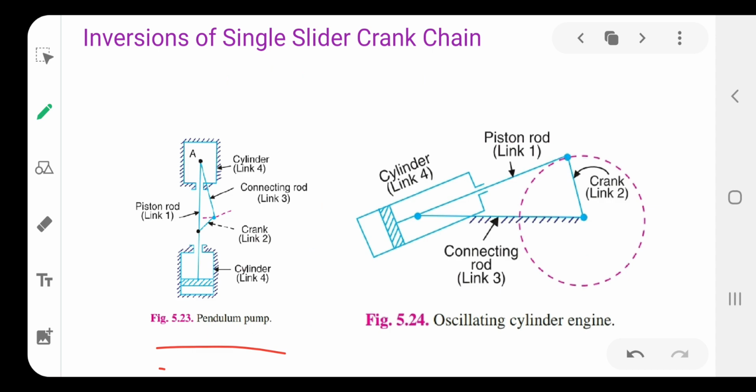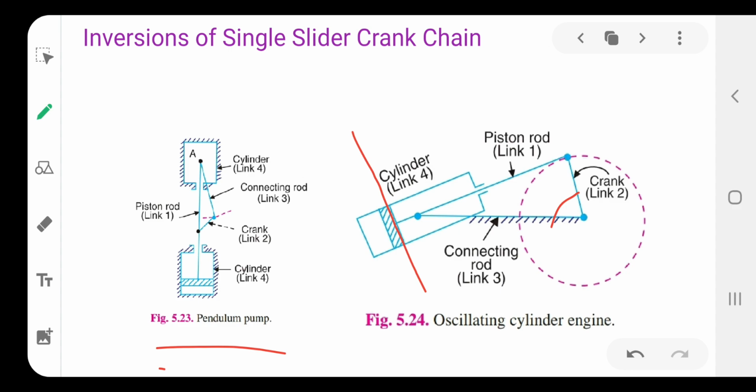Okay, another inversion is the oscillating cylinder engine. In this, the crank rotates clockwise and anti-clockwise. Link number 2 is the crank. Link number 3 is the connecting rod. Link number 1 is the piston rod, and link number 4 is the cylinder. In this particular mechanism, at the initial position, the crank is at a particular angle, suppose this is a 60-degree angle, and the piston is at this position.